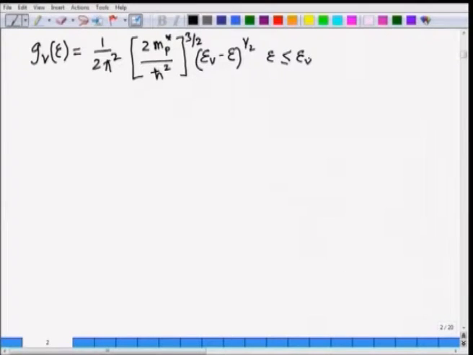So, this is valid for all energies less than EV, and similarly we needed a probability function, the probability of finding a hole, which was 1 minus the probability of finding an electron.